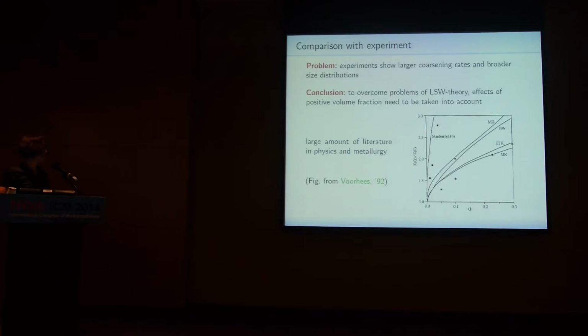And there is really a large amount of literature, again, in physics and metallurgy. This is actually quite old, but still a very good overview. And even then, there is a lot of disagreement. What you see here are the results from different theories and different experiments. Q is what we call epsilon, the volume fraction. This is the deviation from the LSW growth rate.